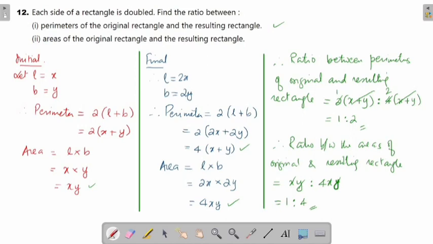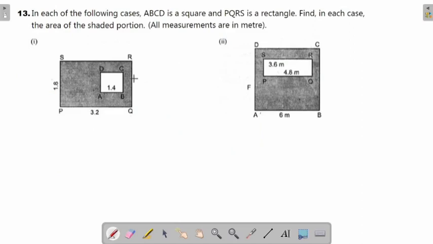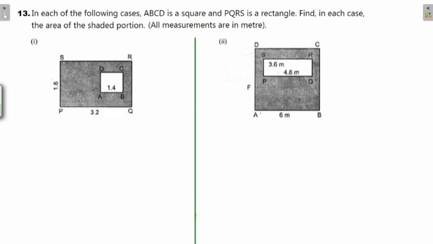Fine. So let's begin with another question now. So just observe this question very carefully. Let me keep one margin out here so that I'll be able to solve two sums in different margins. The question is saying, first and foremost, in each of the following cases, ABCD is a square and PQRS is a rectangle.